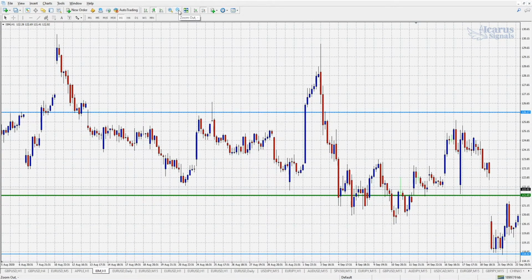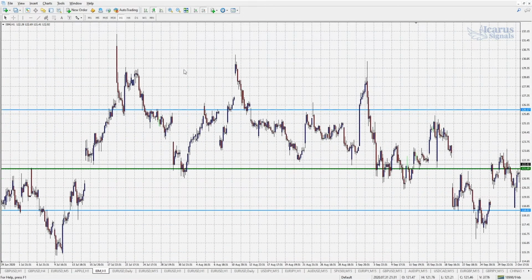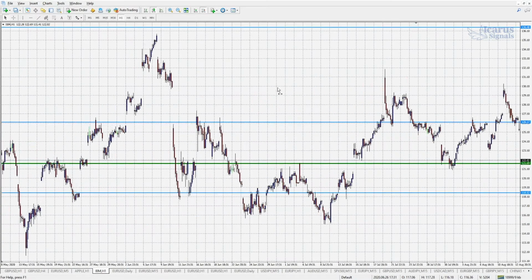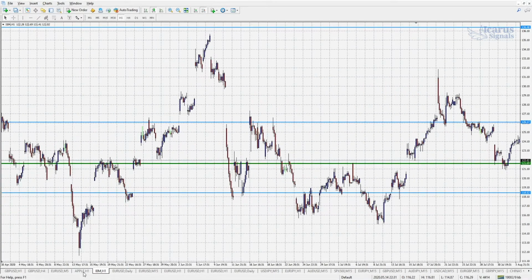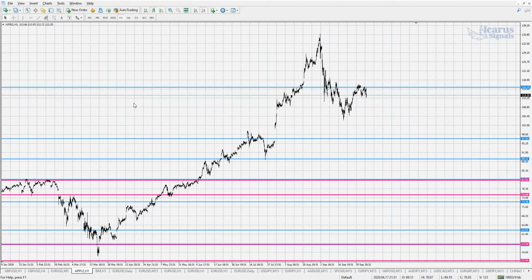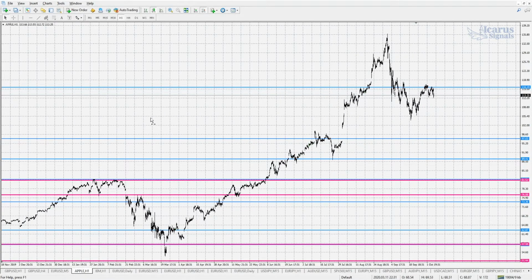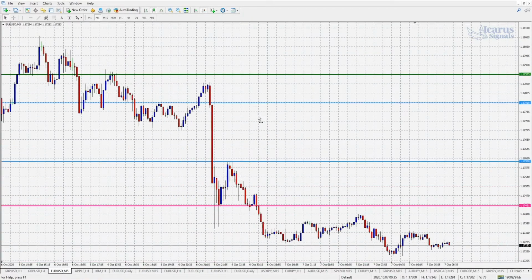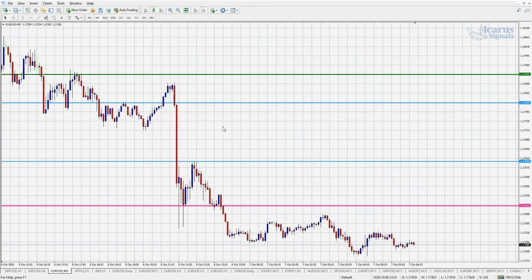On the hourly chart we can see how this instrument populates these levels. We've also got it loaded up on Apple, currently on the 1 hour chart, which we will also play around with on different time frames, and on the Euro on the 5 minute.